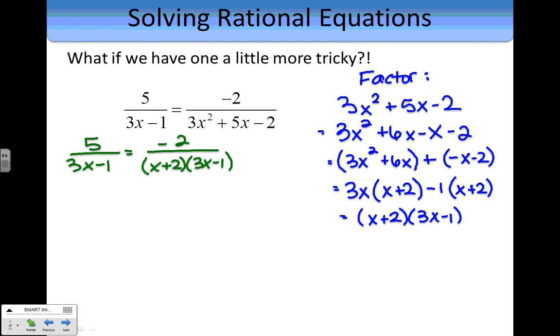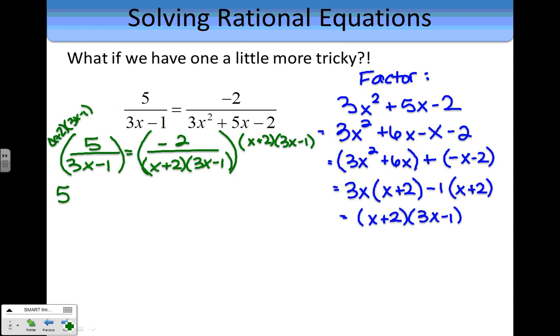So I need to multiply by a 3x minus 1 for both of these to cancel that out. And I also have to have an x plus 2 in there to cancel it out. Both sides need to be multiplied by the same thing: x plus 2, 3x minus 1.